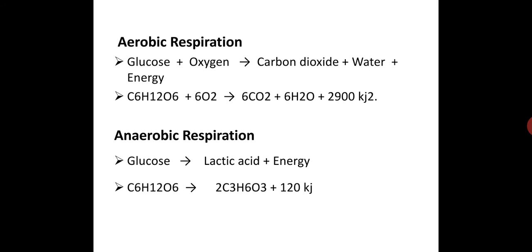For example, our muscles need oxygen and glucose to respire aerobically and produce energy, and these are carried to the muscles via the blood. However, if we carry out vigorous exercise, our heart and lungs would not be able to get enough oxygen.